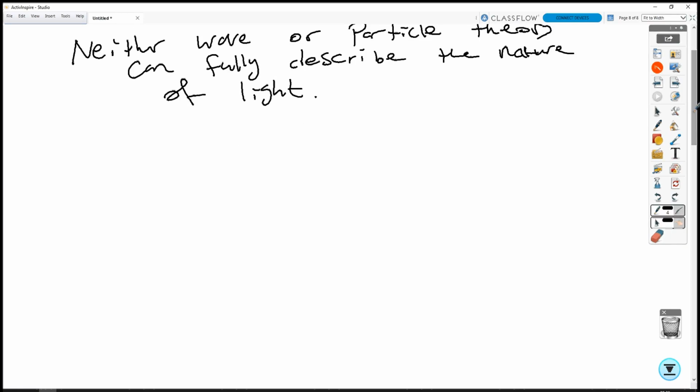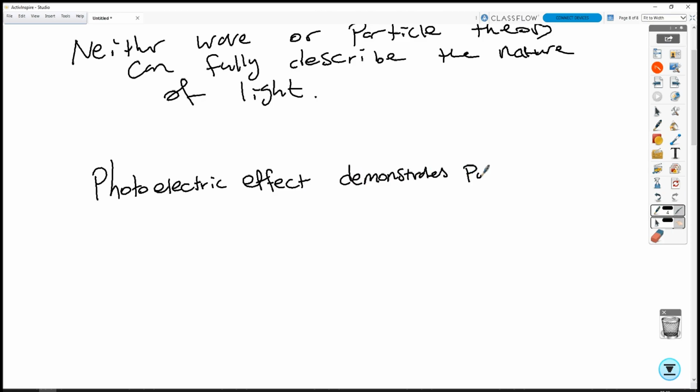So the photoelectric effect demonstrates particle behavior. And diffraction and interference demonstrate wave behavior.